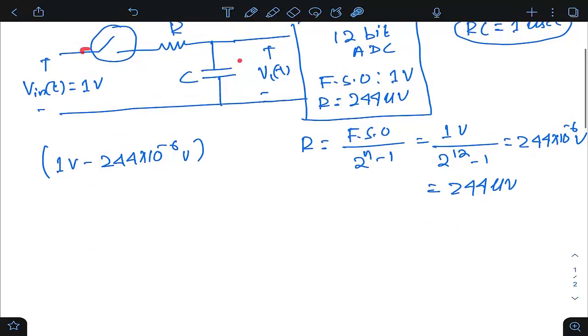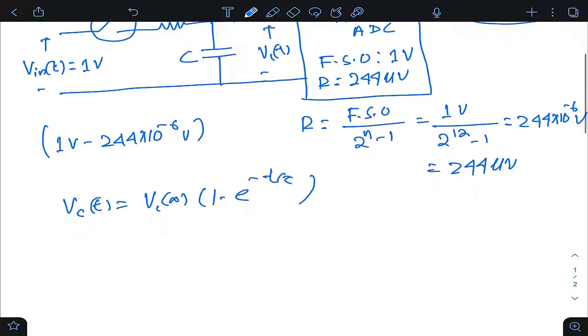It's a standard first order circuit, and in this case the capacitor voltage VC(t) is equal to VC infinite into 1 minus e raised to power minus t by tau. We can simply use this equation here. How much voltage are we expecting? We are expecting 1 minus 244 into 10 raised to power minus 6, which is equal to VC infinite.